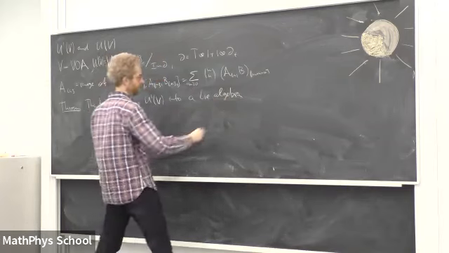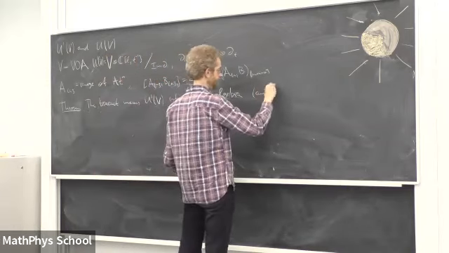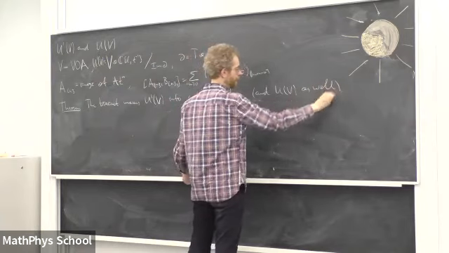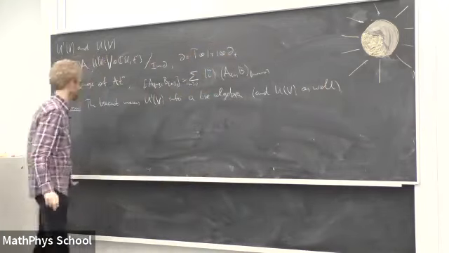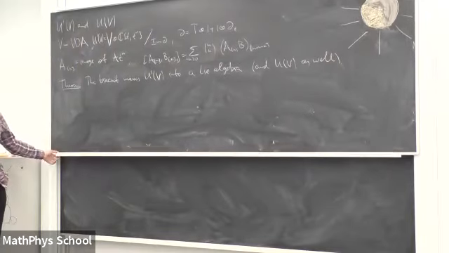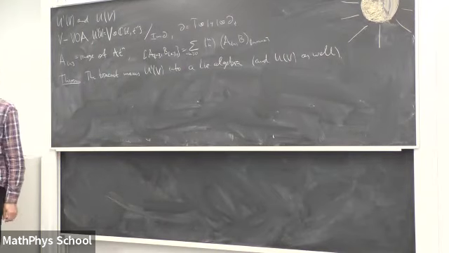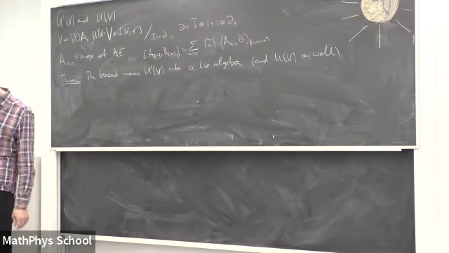U prime of V and U of V is... okay. So this is the theorem.